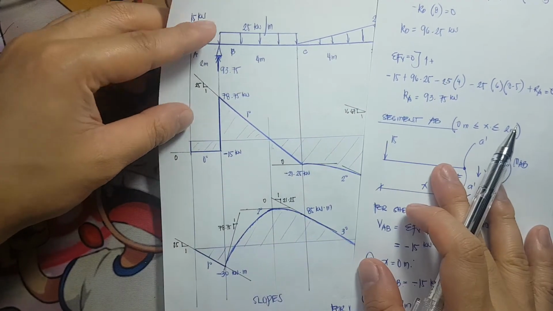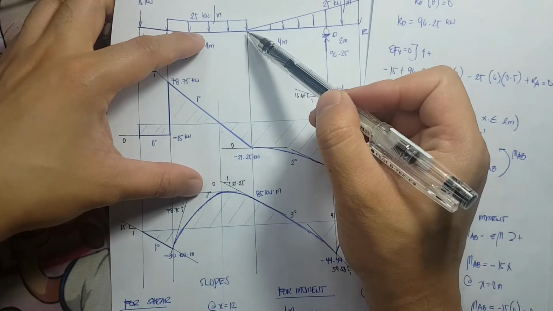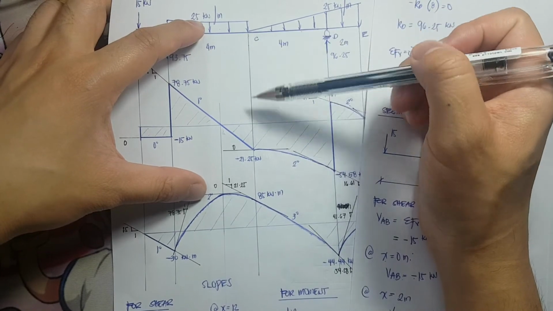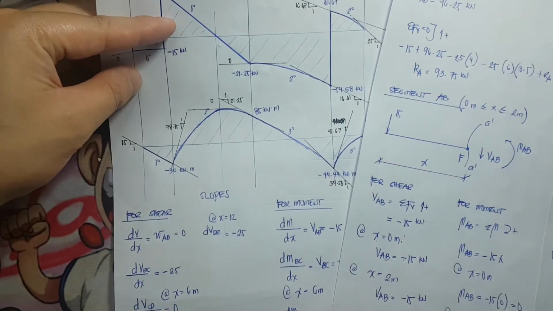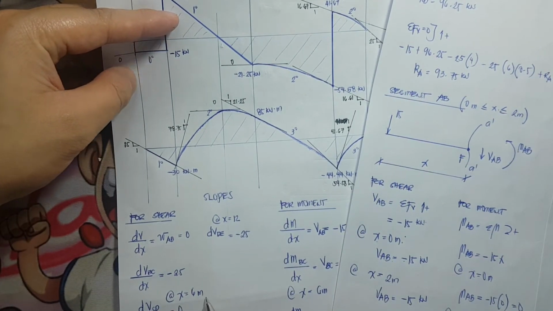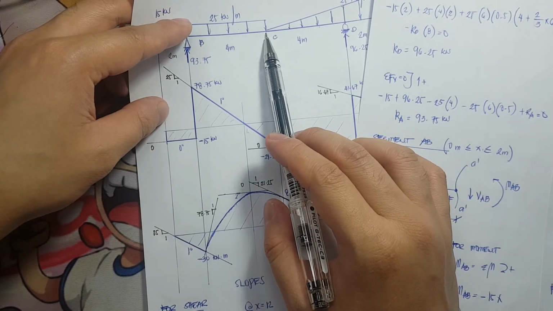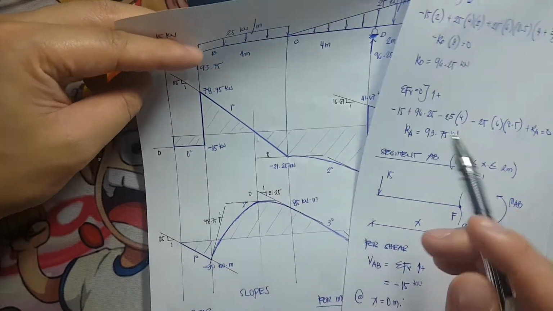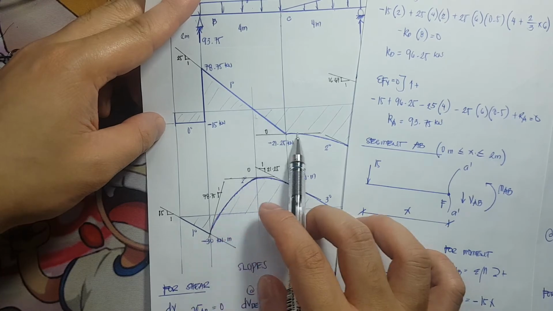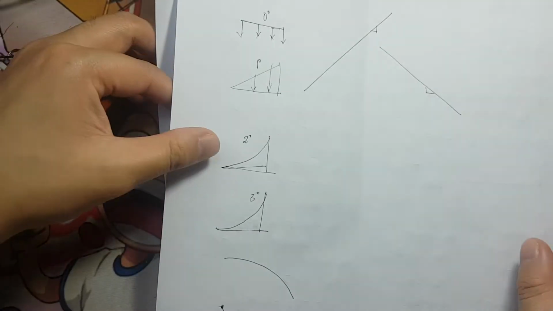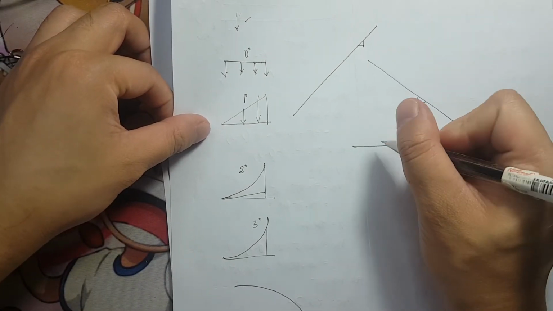Negative pababa. Next, at point C, what is the load at point C? The derivative of shear CD at 6 meters. What is the load? It is 0. Therefore, the slope there is 0. Pag 0 yung slope, it is a straight line. Okay?